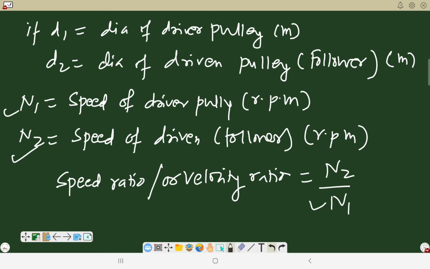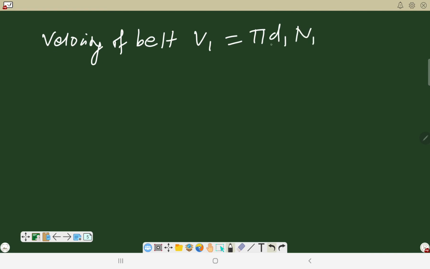Next, we know how to determine velocity of the belt. Velocity of belt for the driver pulley is V1 equal to pi d1 n1 upon 60, in meter per second.